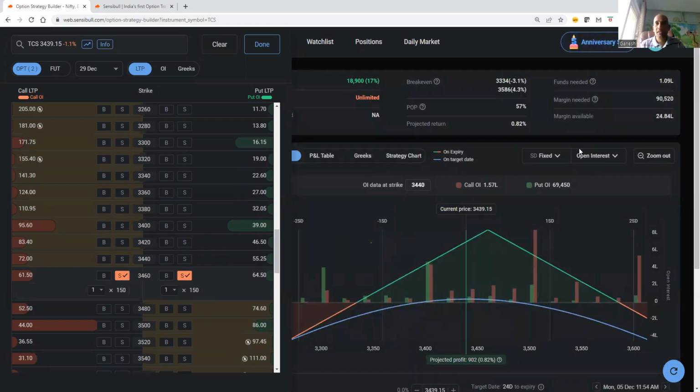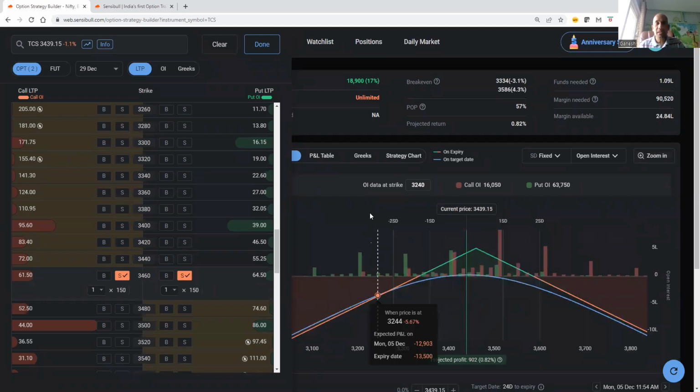Here you see what strikes you can choose. You can choose how many lots you have. Once you choose, it appears, all the details here. What is the max profit?